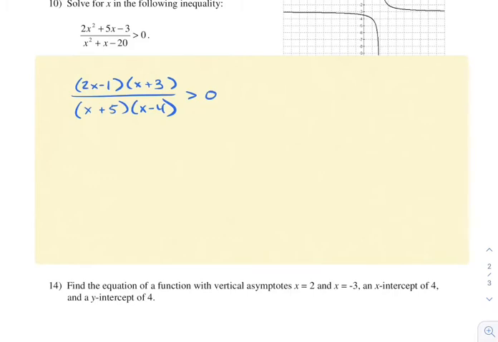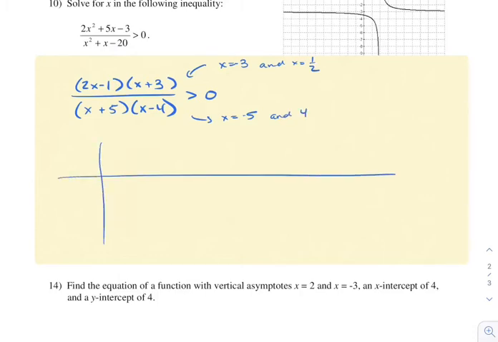So I'm going to use my interval chart. My x-intercepts in this case happen to be at -3 and a half. My vertical asymptotes in this case happen to be at -5 and 4. So when I make my chart, I'm going to have all my factors here: 2x minus 1, x plus 3, x plus 5, and x minus 4.